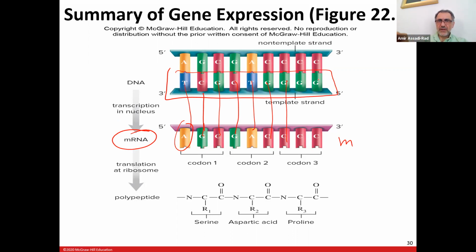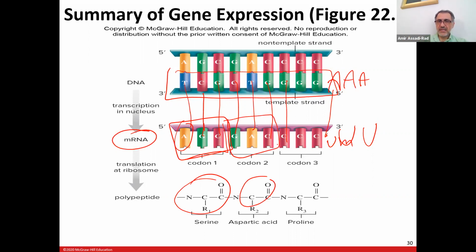What if you had A here? You should know these things. A pairs with U, uracil. You guys follow what I'm talking about? Again, your textbook made a little mistake. Based on these three nitrogenous bases, these three are responsible for an amino acid, these three for another amino acid, and then these three are a stop signal.